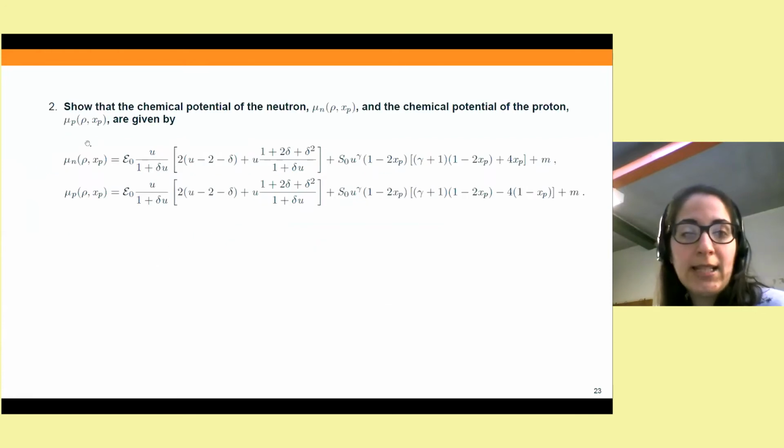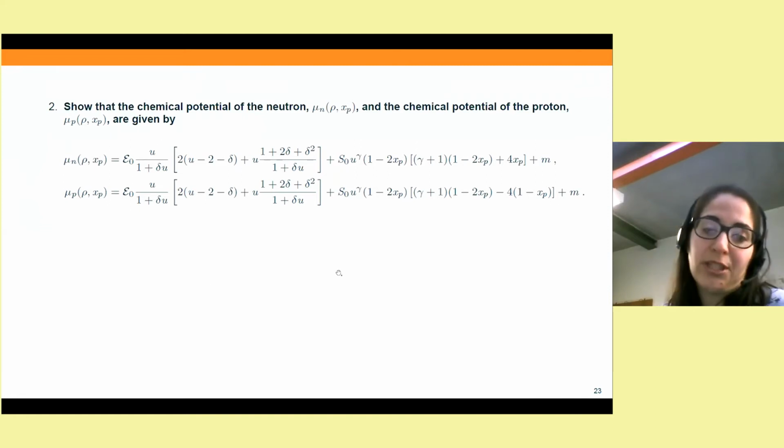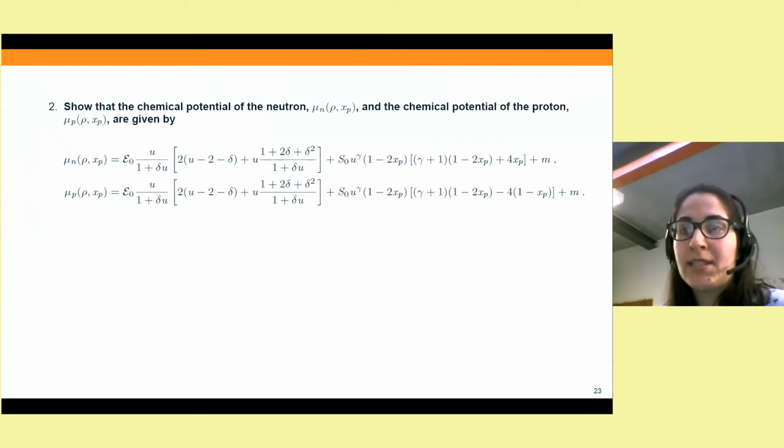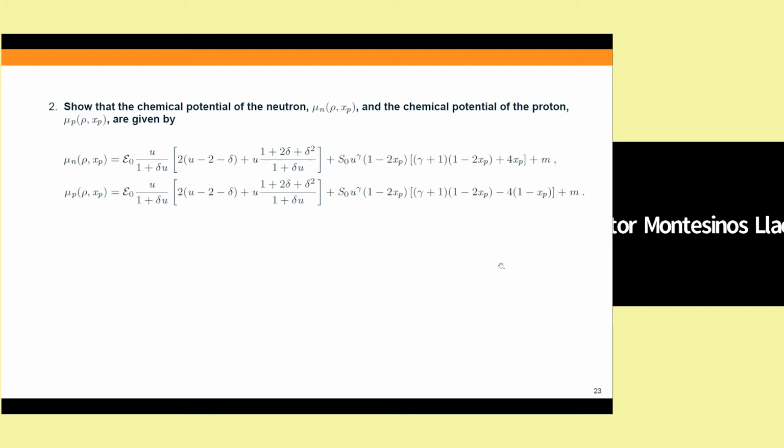Okay, so next they tell us to show that the chemical potential of the neutron and the chemical potential of the proton are given by these expressions here. Does anyone remember from yesterday how we compute chemical potentials once we have the energy density? A derivative with respect to the particle number.